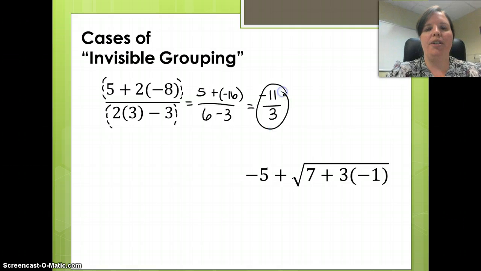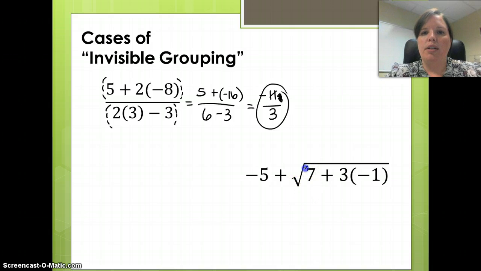So simplify the numerator, simplify the denominator. I think I meant for this to be a negative 9, but we'll go with it. Anyway, simplify the numerator, then simplify the denominator, or vice versa, and then worry about the actual division. If it was divided evenly, we would go ahead and finish from there.